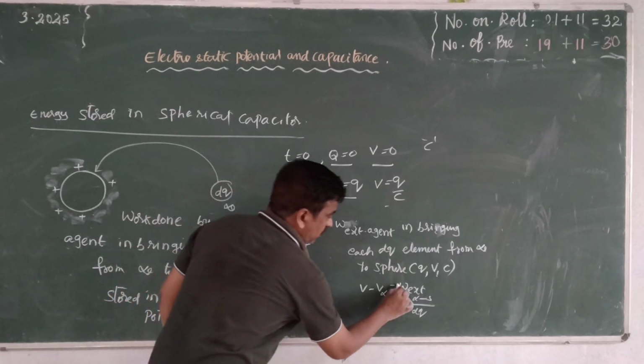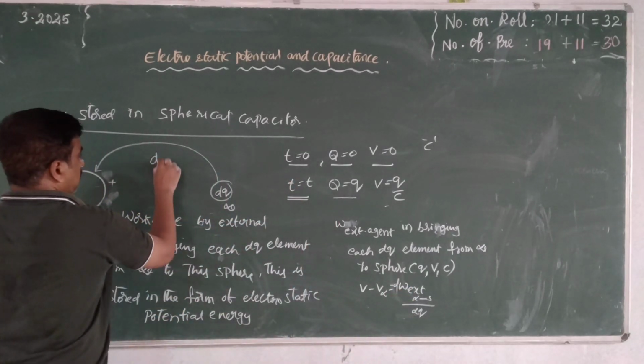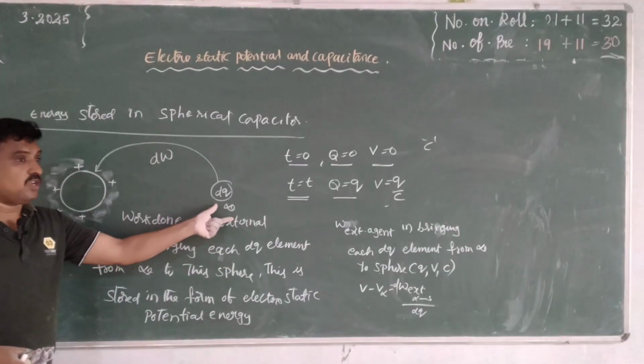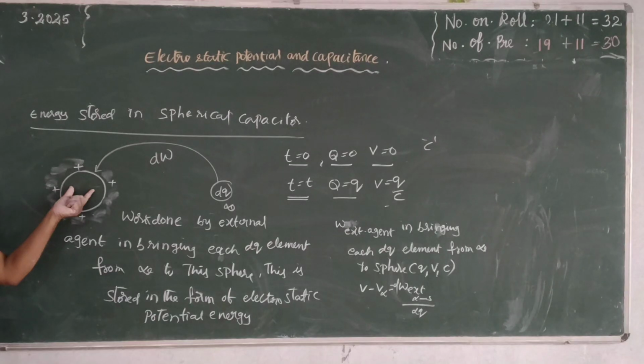Here the work done is dW. The work dW used to bring dq charge from infinity and place it on the sphere is how much work is done on the charge, and that will be stored in the form of potential energy.